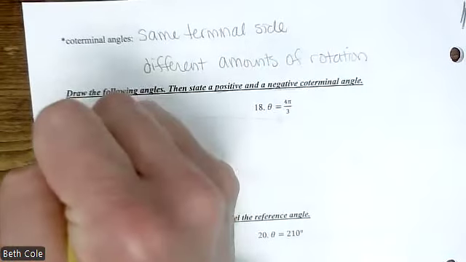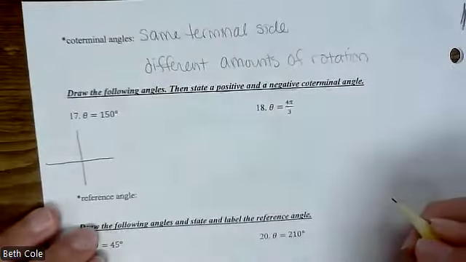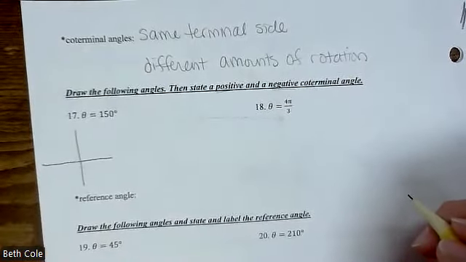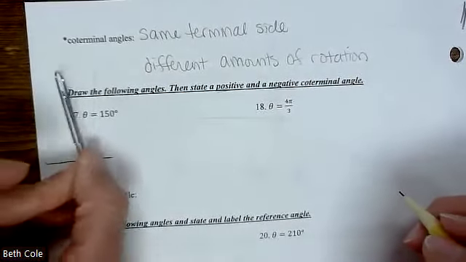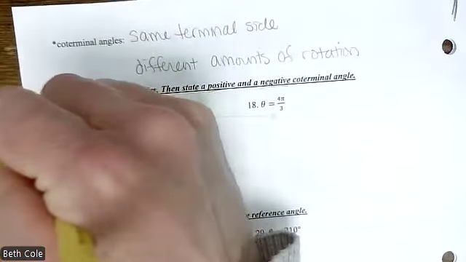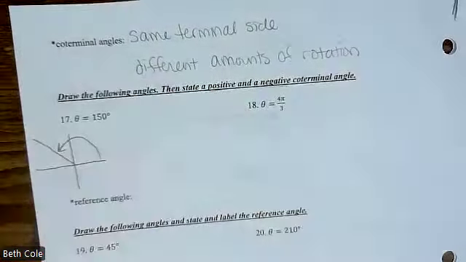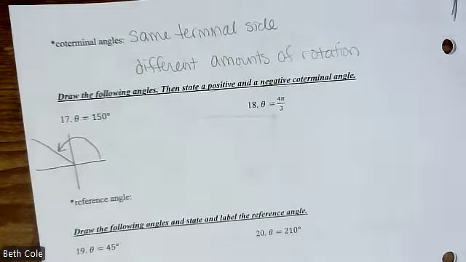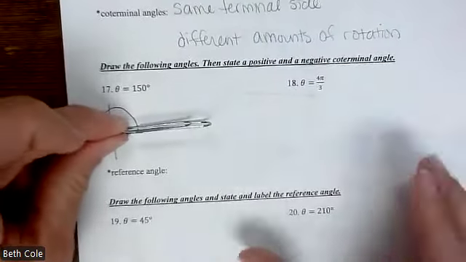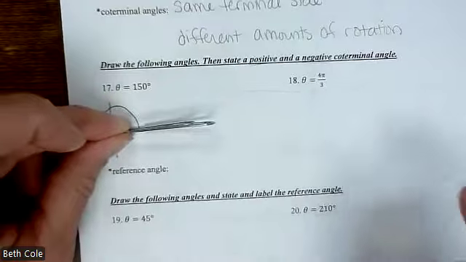So what quadrant is 150 in? 2, good. You start here and rotate 150 degrees. You're going to be in quadrant 2. Now, if you want a positive coterminal angle, you just add a rotation. I will try to act it out as best I can, but my hand doesn't go the whole way around, all right?